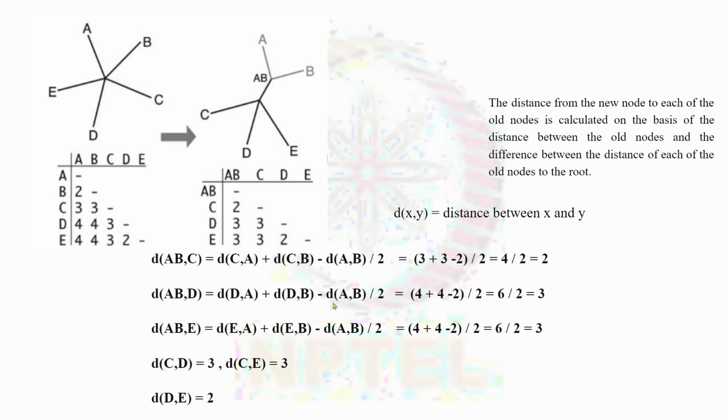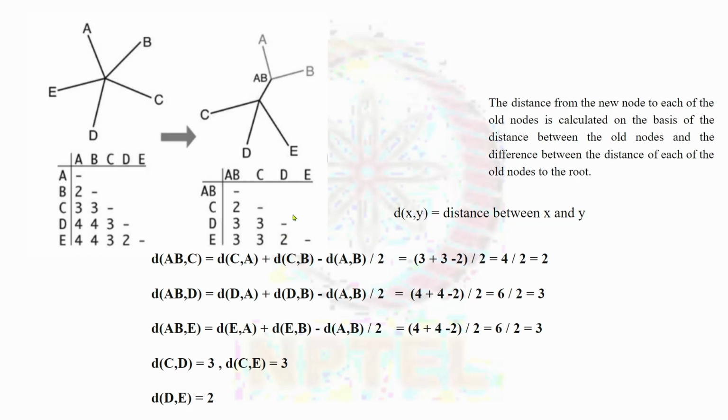Then we subtract the distance between A and B, that is 2. We end up with a value of 2. So the distance between the new node AB and C is 2. Similarly, we calculate for the other nodes, and for CD, CE and DE there is no change from the values in the previous step.